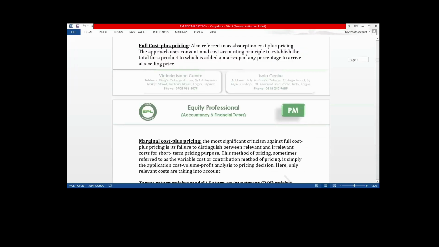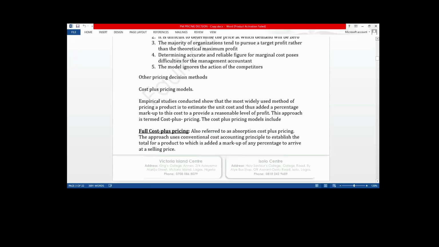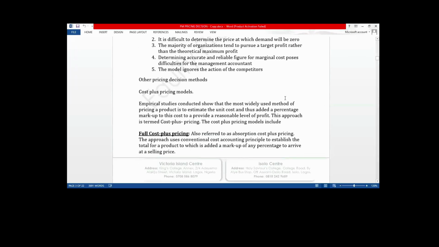The most commonly used method of determining product price is what we call the cost plus pricing method.